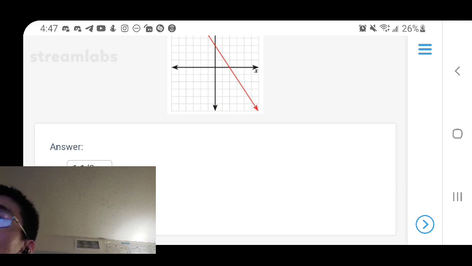A times 2 plus 0 is c. 2a is c. Yep, that's what I got. 2a is c.